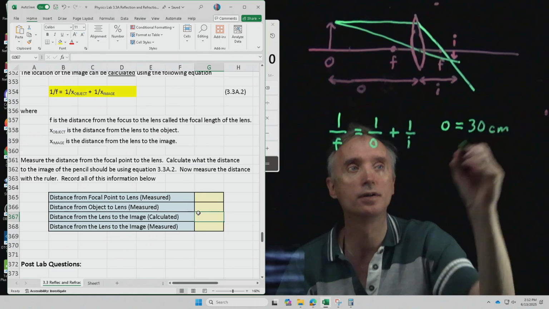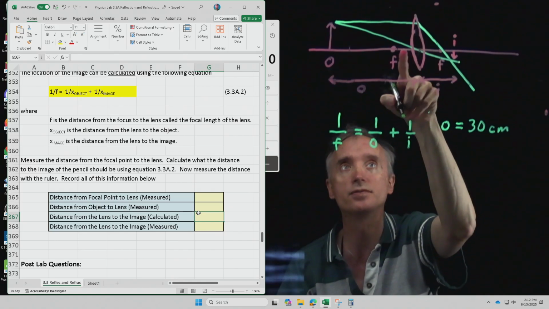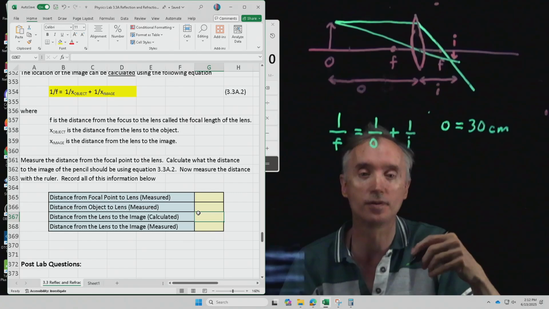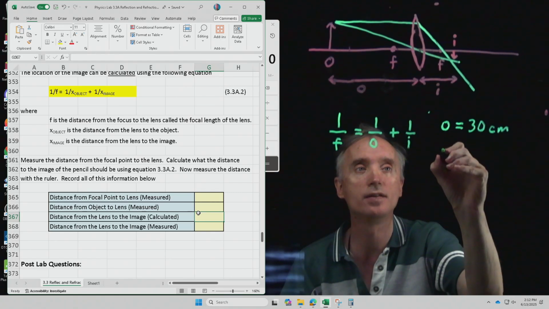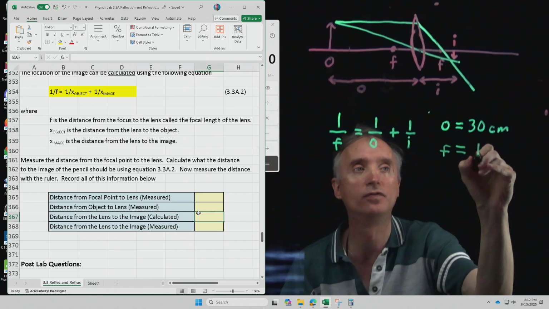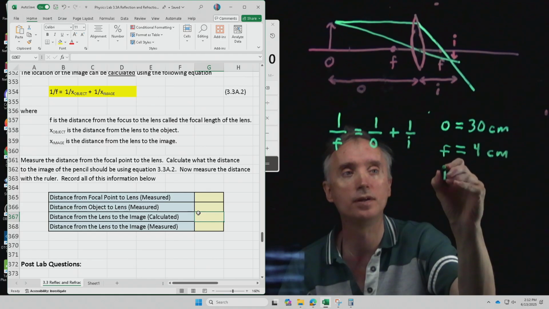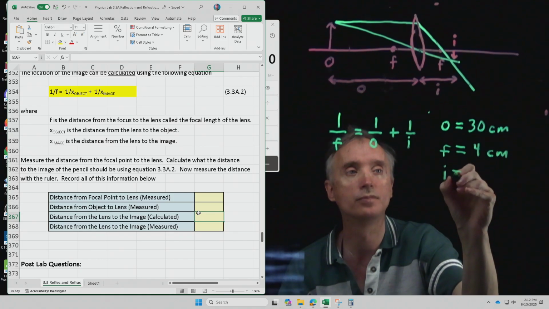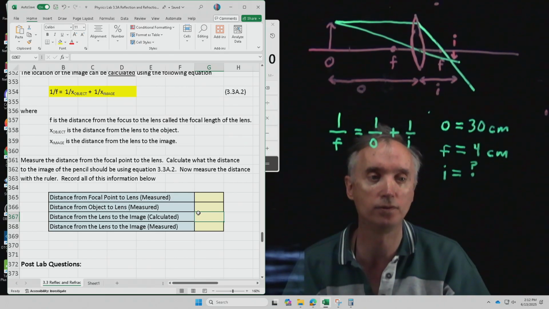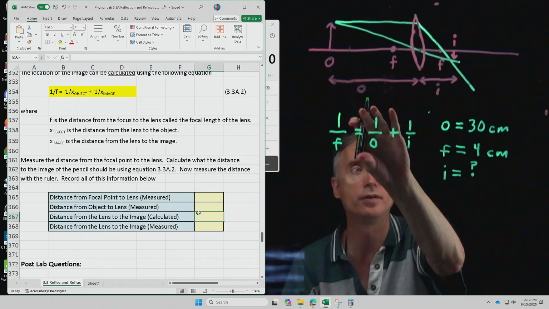Then let's assume that the distance from the lens to the focal point, that's the focal length F, is equal to 4 centimeters. And then the goal is to figure out I, and we'll put a question mark. So what is the distance to the image? Now we're going to take these numbers and plug them in over here.